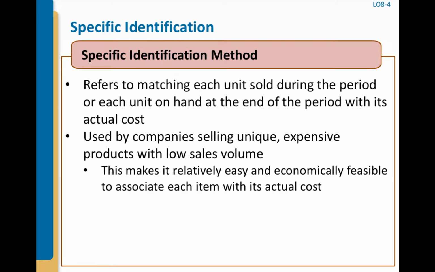Specific identification is, like we said, if we are actually tracking exactly which item we sell on which day, and that item has a label on it that says this one costs you $6. Then we will say, okay, we sold the $6 unit today.